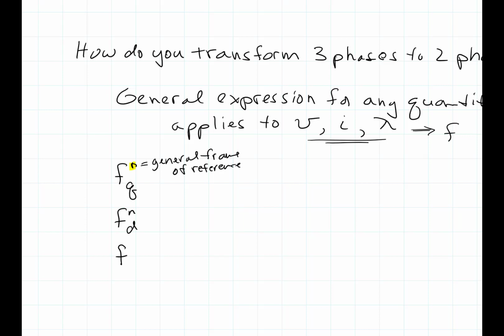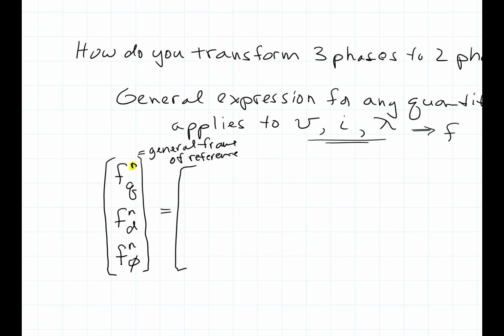And I'm also going to have a third one, I'm just going to show this once, where this is a 0. So I've got essentially a qd0. Some people swap the d and the q and call it dq0, but we're going to stick with qd0 because that is what's used in machines.